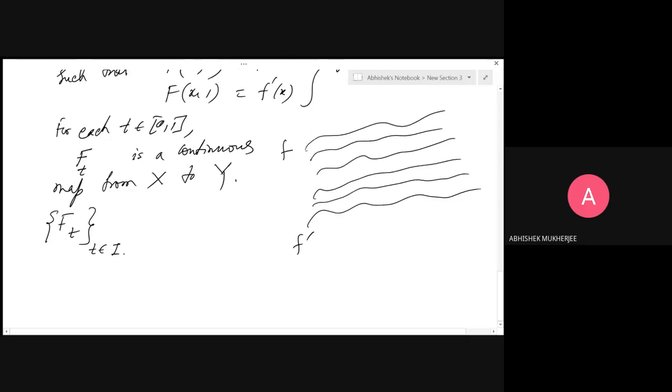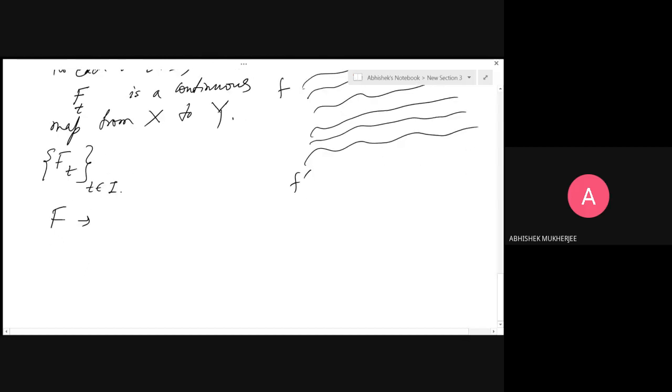This F is called a homotopy between the two maps f and f dash.